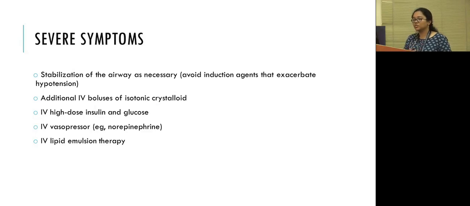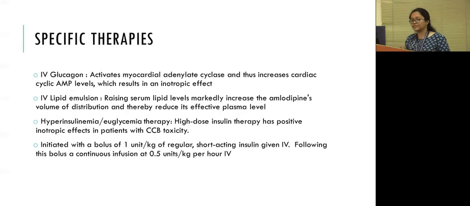It is good to avoid agents which cause hypertension. We should keep rehydrating the patient with IV crystalloids, and again give IV lipid emulsion therapy and high dose insulin with glucose. For vasopressors, the first preferred vasopressor in amlodipine toxicity is norepinephrine.